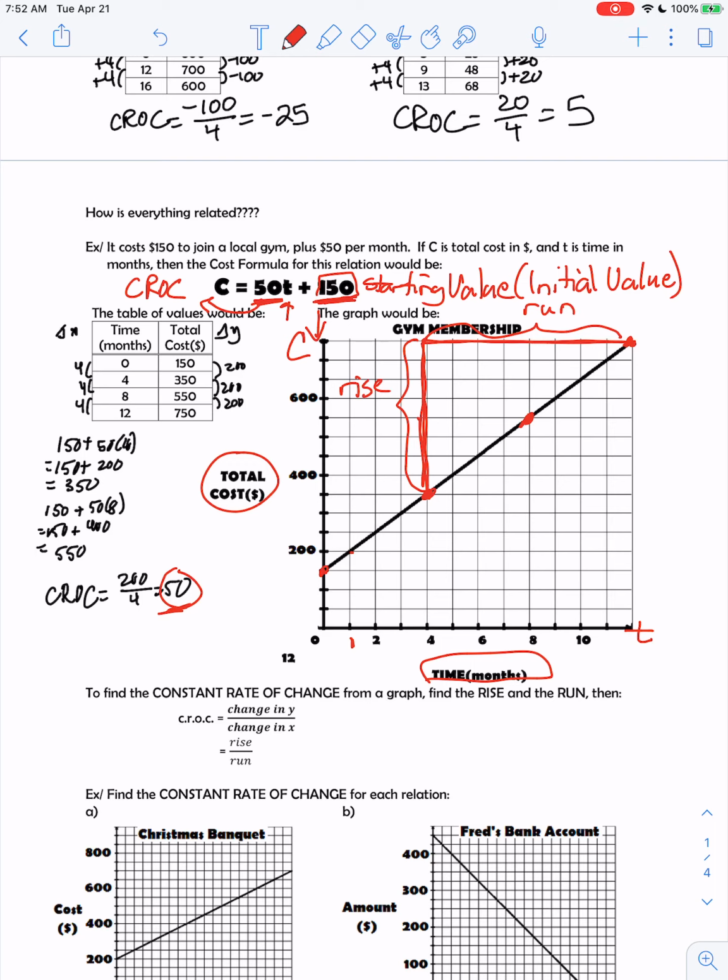This is your run. So for these 2 points, this is at 350. This one is at 750. So to get the rise, we have to take 750 and subtract 350, and that equals 400.